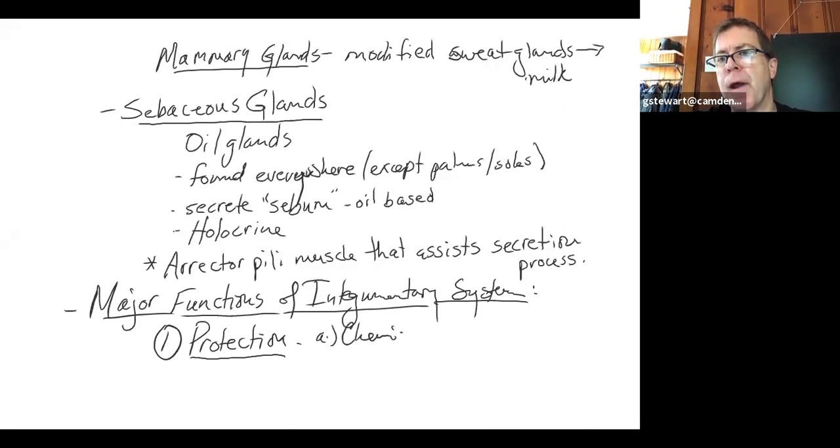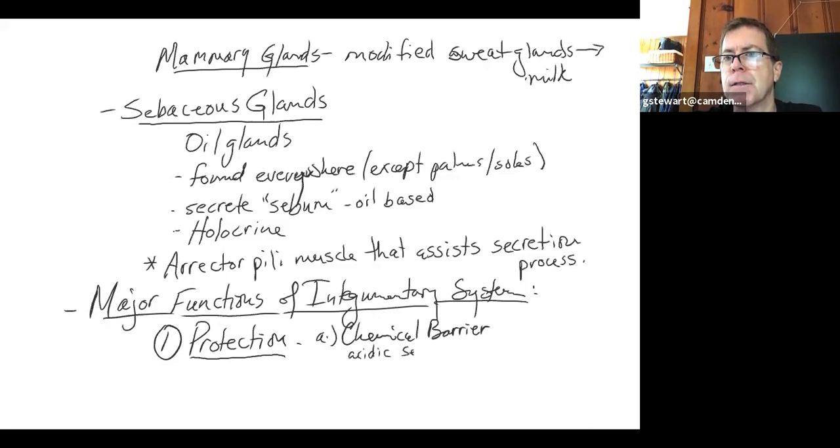A chemical barrier is provided by the integumentary system through secretions. Things like acidic secretions provide a chemical barrier. Another example, let's just write this out. These are examples of chemical barrier.